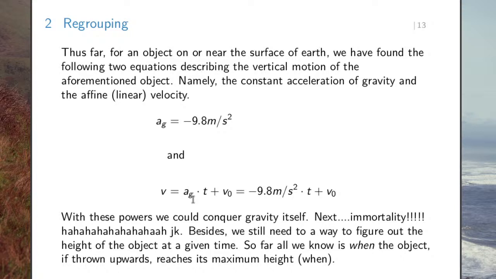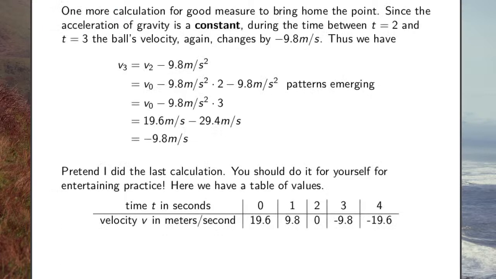Cool. So, all this nonsense down here aside, we still don't really know that much about the height yet. And though I don't think I mentioned it, let's go back to this real quick. Let's finish off this. So clearly, when the velocity is 0, that actually represents the maximum height.